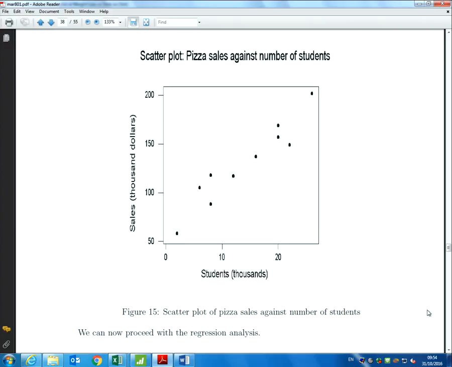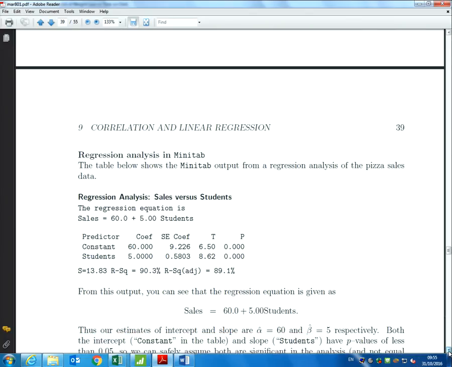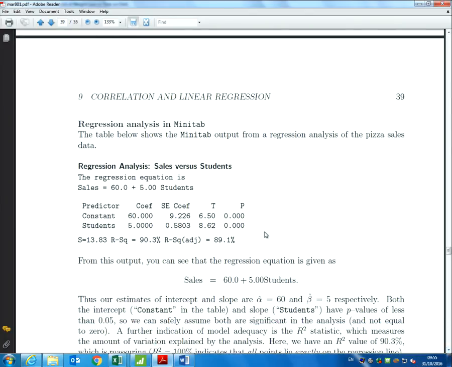So what would the conclusions be so far? What's the relationship between x and y? Is it positive or negative? Positive, and it appears to be fairly strong. So, what if Minitab gave you this output?